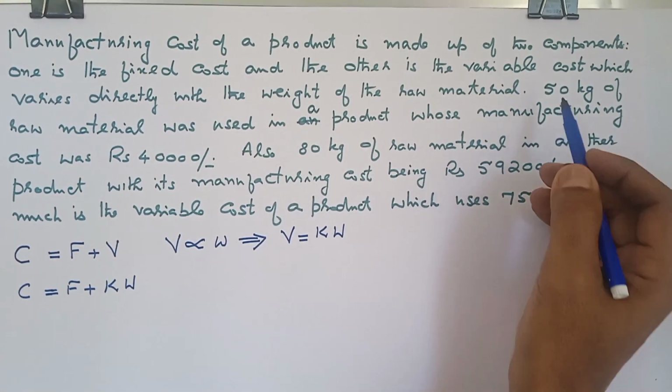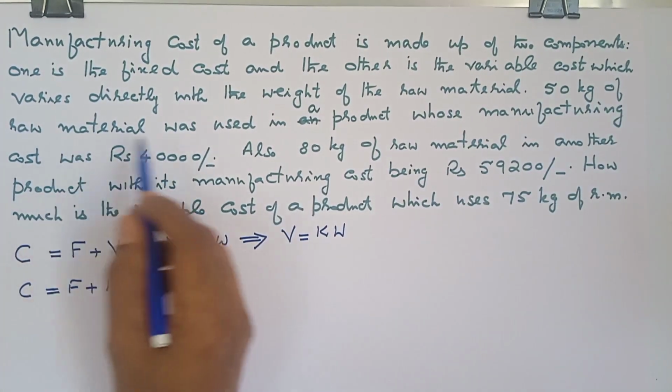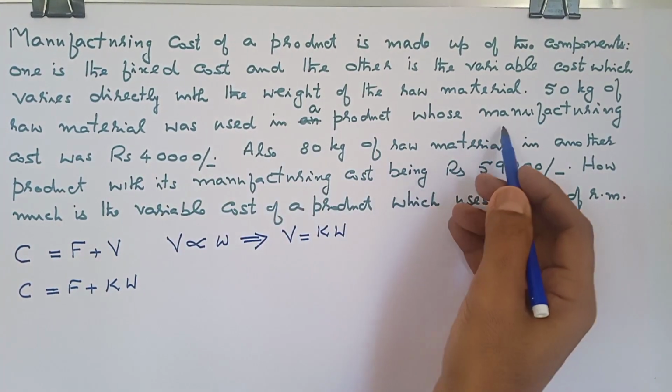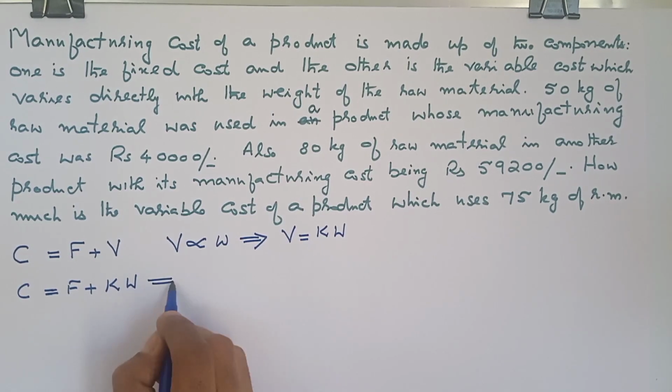Now look at this part of this problem. 50 kilograms of raw material was used in a product whose manufacturing cost is 40,000. What does that mean?